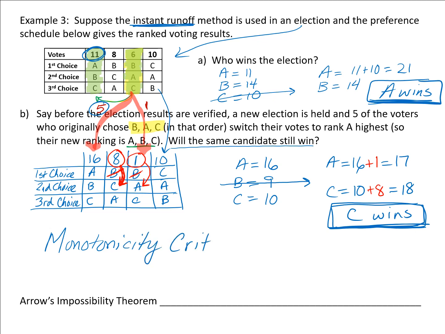The monotonicity criterion here is violated because you have a different winner when a few of the voters switch their preferences to vote the original winner higher.